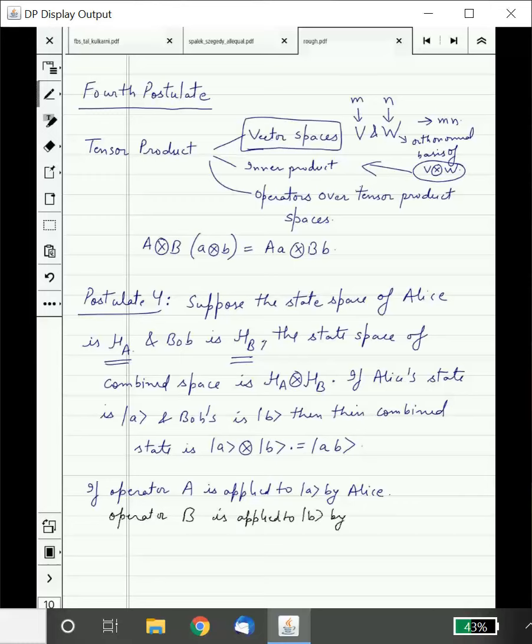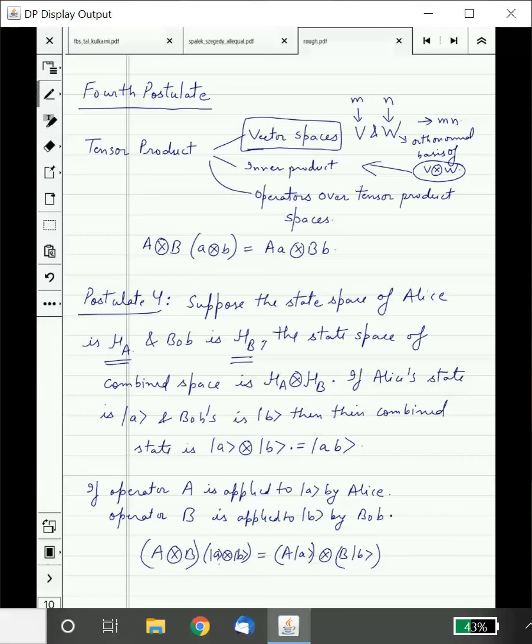If this happens, mathematically we will capture it by saying this. So on the combined system, the state is A tensor B, and the operator applied is capital A tensor capital B. The final state should be this. It follows the natural laws which we expect it to follow.